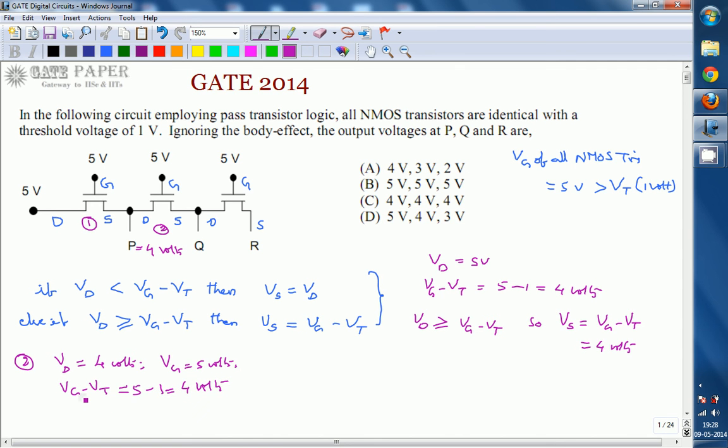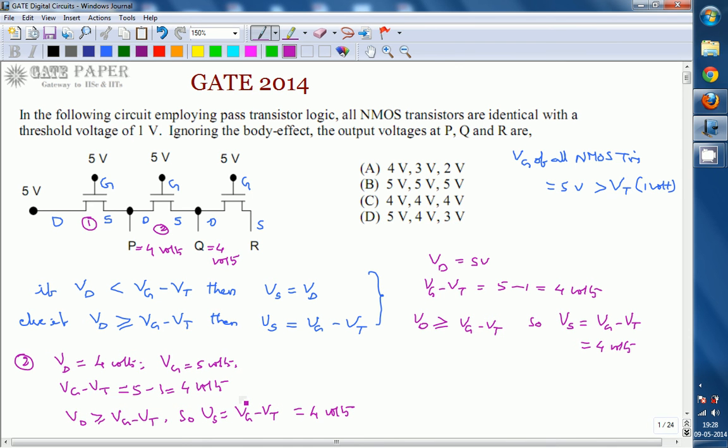Now Vg minus Vt is 4 volts and Vd is also 4 volts. This comes under the case Vd greater than or equal to Vg minus Vt, so again the source voltage is stuck at Vg minus Vt, which is again 4 volts. So Q is at 4 volts.